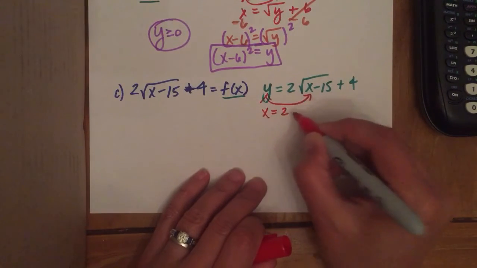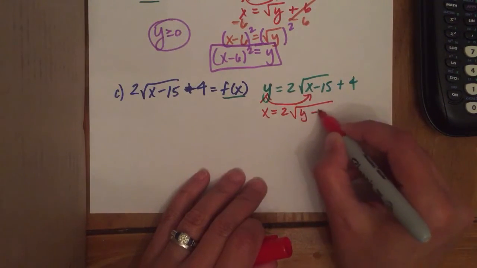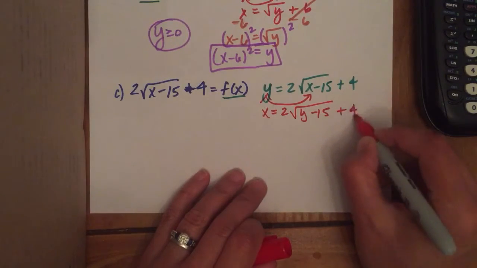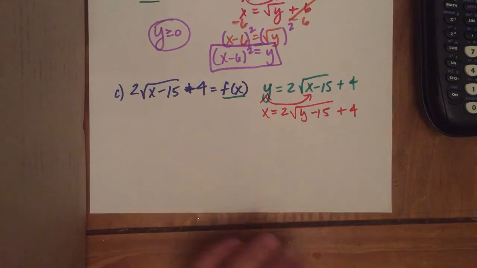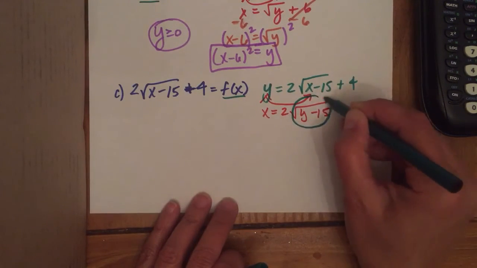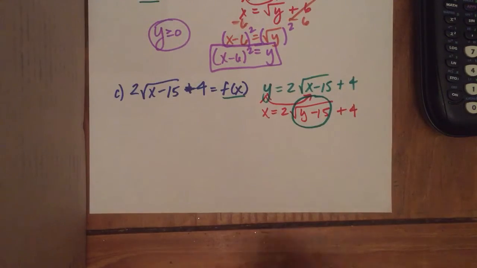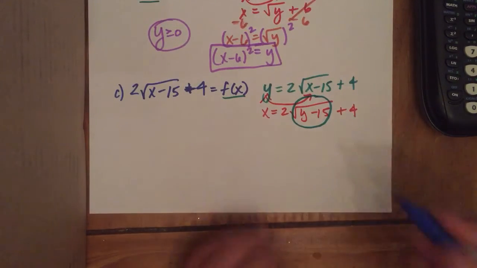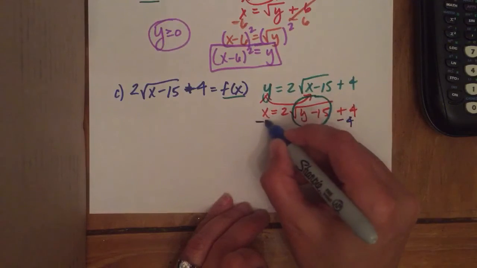So x equals 2 times the square root of y minus 15 plus 4. Once I've done that, then I'm going to move on to all the operations. Now, remember, you look and see if there's a radical. Well, this is the radical I need to isolate. That's the one that's going to get left out. So I'm going to subtract 4.